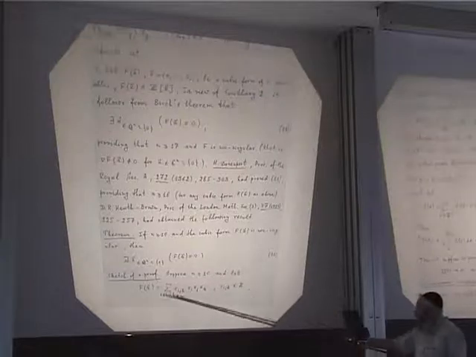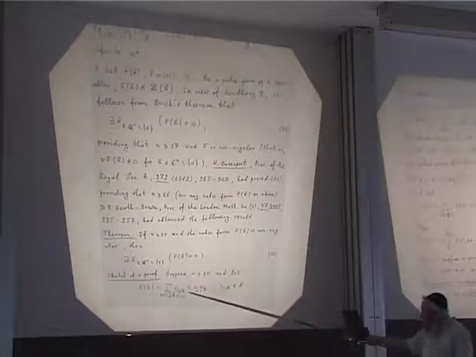So I will start by introducing some notations. Let f(x) be written in this form. It's a cubic form, so I assume that the coefficients c_{ijk} are symmetric in the indices.